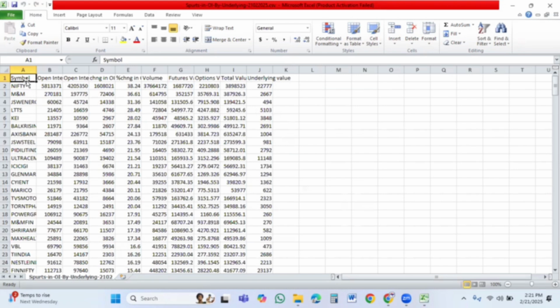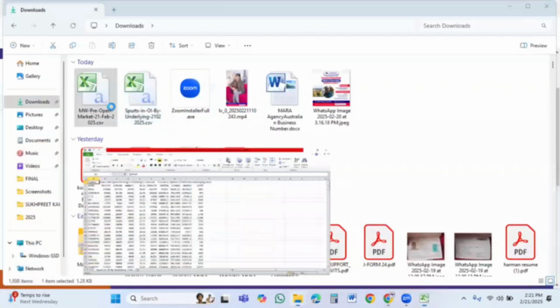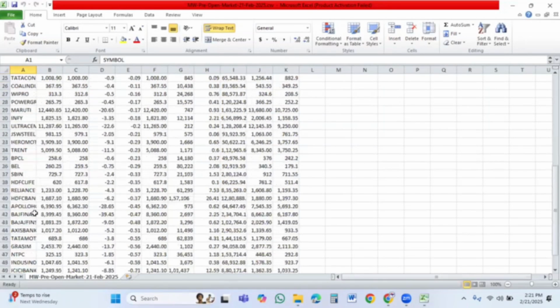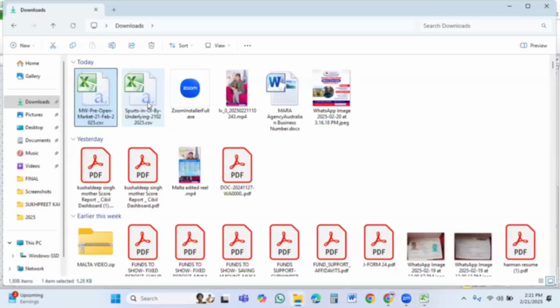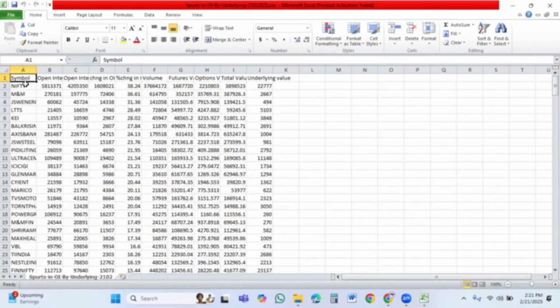So the basic thing is you are looking at 5 to 7 stocks at the top and 5 to 7 stocks at the bottom of the pre-open market, and then you go into the OI spurt file and look at which of those stocks are common among these two files.